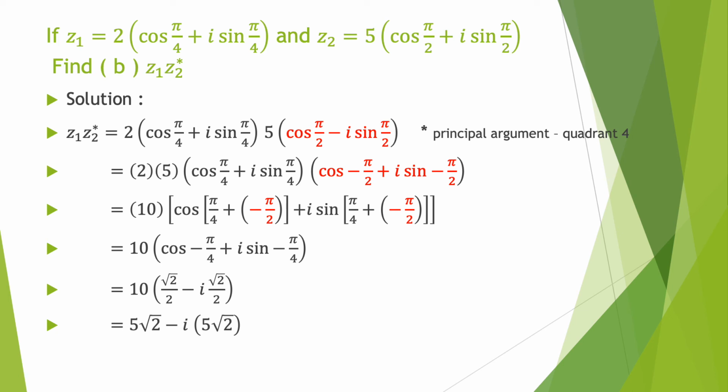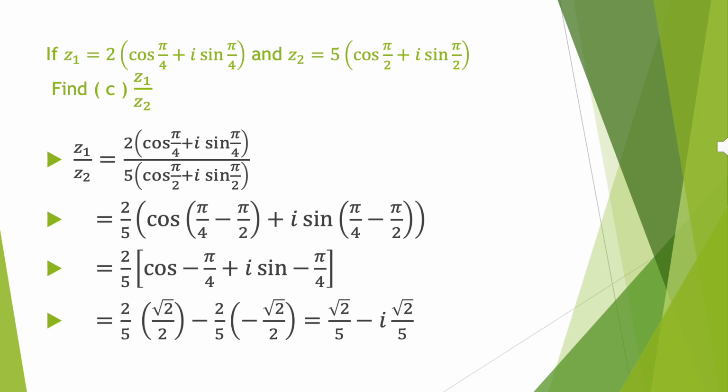So 10 (cos negative pi over 4 plus i sine negative pi over 4). After using the calculator to get cos negative pi over 4 and sine negative pi over 4, we have 10 (root 2 over 2 minus i root 2 over 2). Then simplifying, we get the answer 5 root 2 minus i 5 root 2.